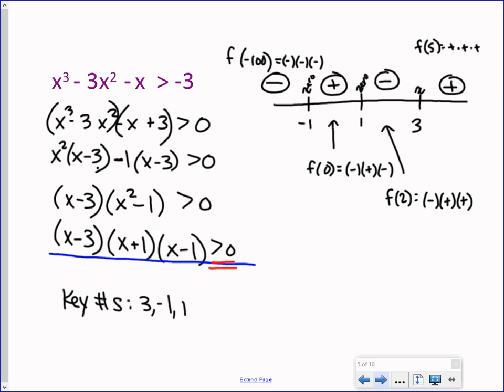So should those numbers be included if you want to be greater than 0? No. So where am I greater than 0? Between negative 1 and 1, that's positive. And then after 3. Is it everything after 3? Yeah. There's no other place for it to cross the x-axis because there's no other x-intercept.